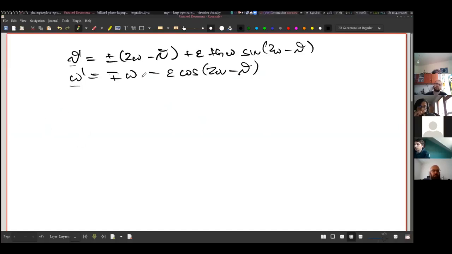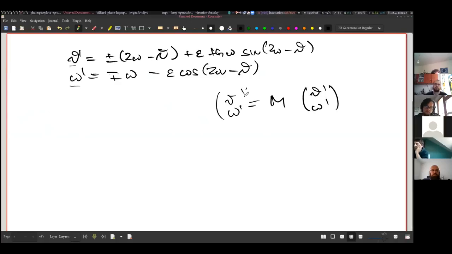So this is clearly not linear, and we can't use any matrix M for doing something like this, just because it's not linear. However, if we extend those vectors, there is a chance that we could be able to get away with it. So for instance, here we need to add epsilon times this tangent and this sine.